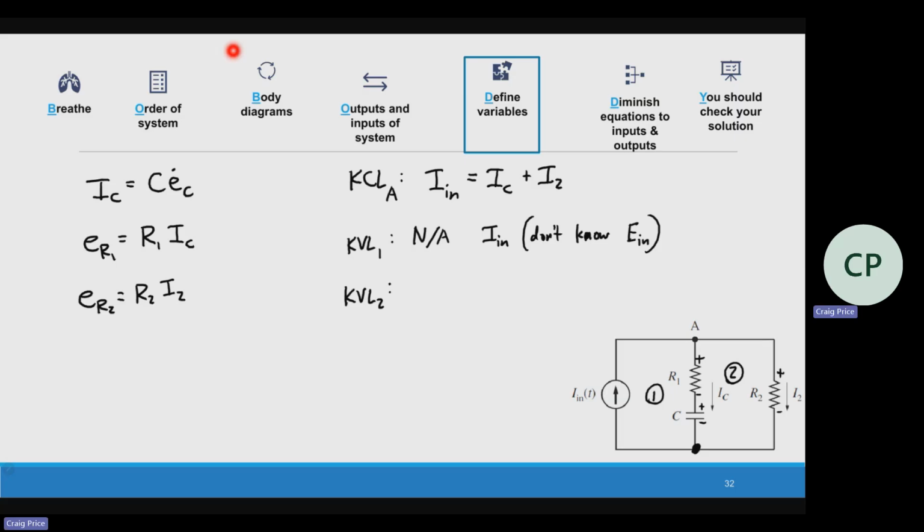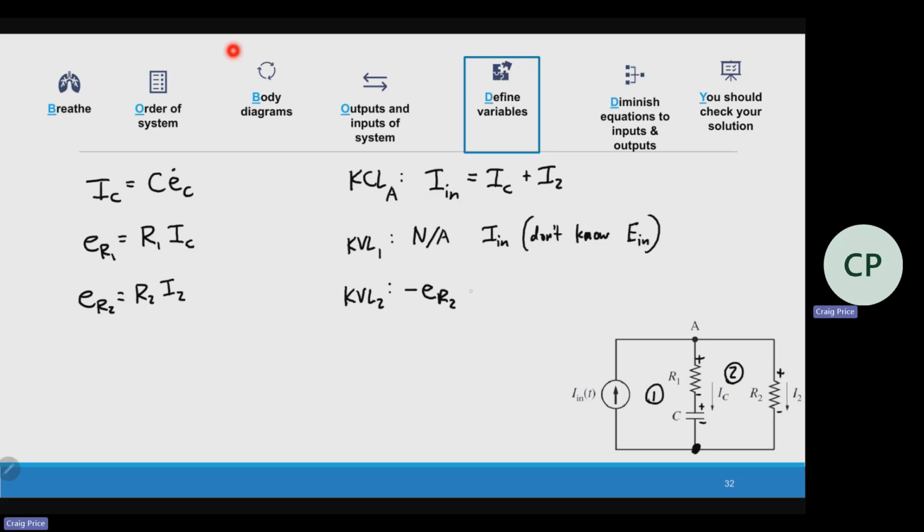Can we do it for 2, though? Is it a closed loop? It's a closed loop. So if I go around 2, let's say I go clockwise. We like to think clockwise. If I start at A and go clockwise, that's going to be a drop, negative E_R2. If I continue around the loop, then I'm going up, negative to positive, across the capacitor.